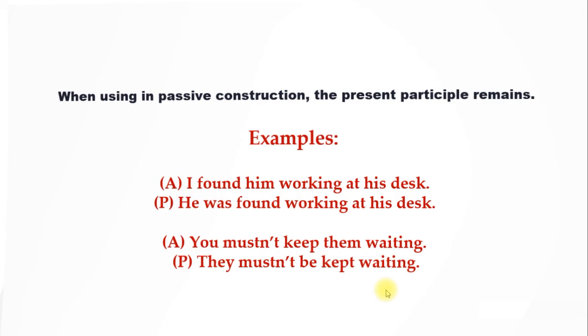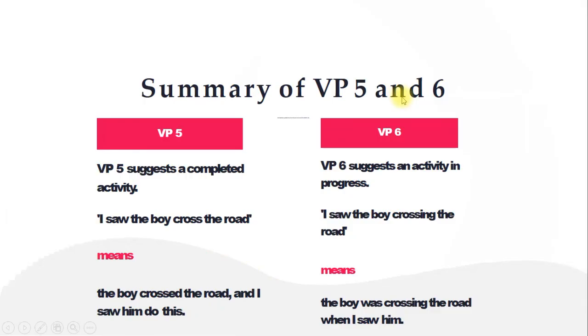So the summary of verb patterns 5 and 6 is that verb pattern 5 suggests a completed activity. From a sentence like I saw the boy cross the road, it has the meaning the boy crossed the road and I saw him do this. So I observed the activity from the beginning until the end, until he is at the other side of the road.